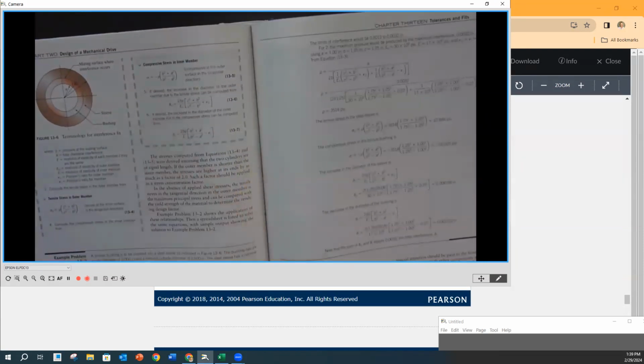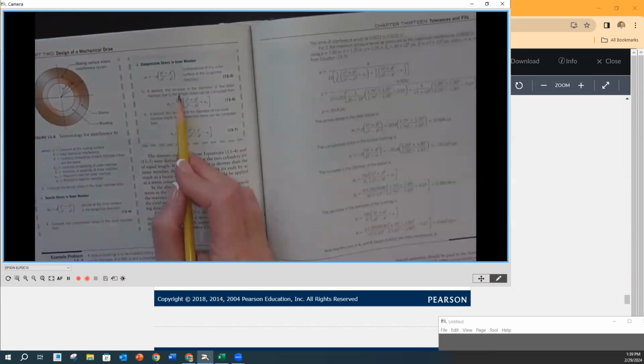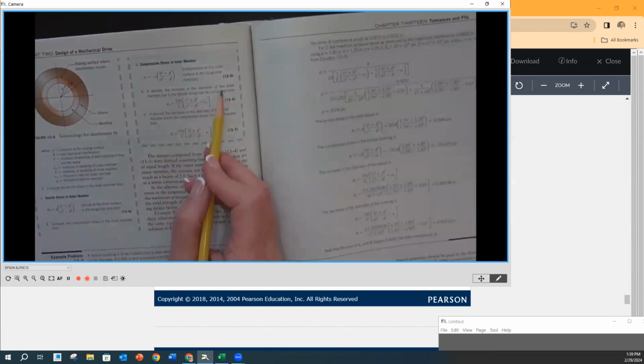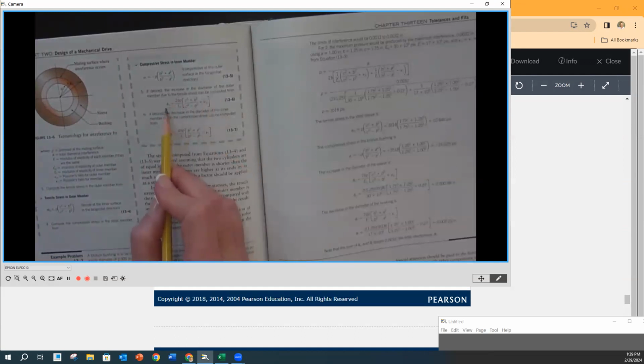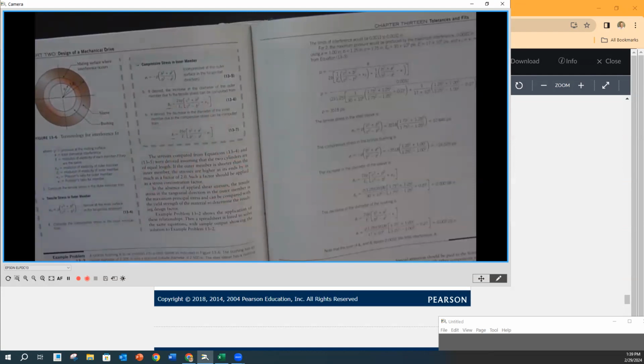Then if you want to know what the actual increase in the diameter of the outer member was at that place, you can calculate that. And then what the decrease in that inner member was. Okay, and those are the equations.